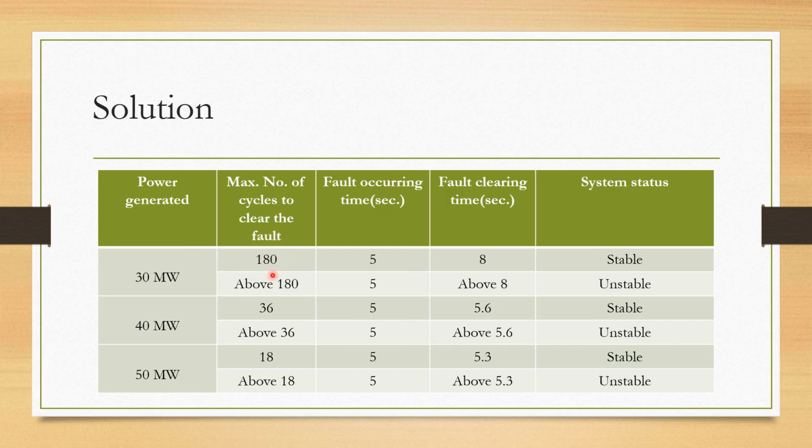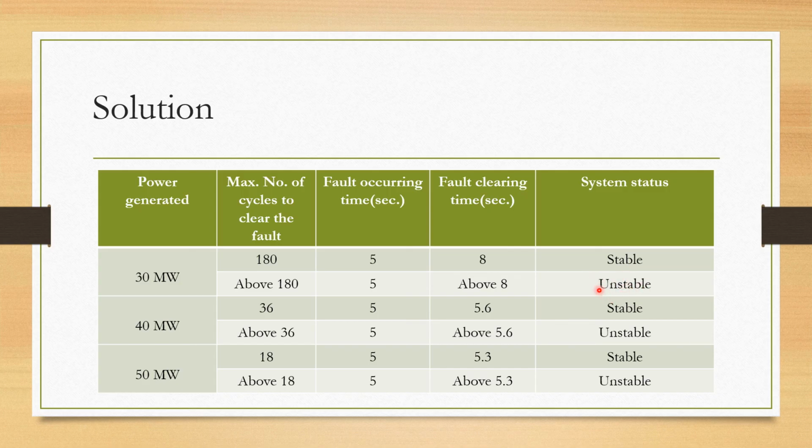Here up to 180 cycles, the system is stable. The fault occurring time is 5 seconds. The fault clearing time is 8 seconds. So from 5 to 8 seconds the system is stable. Above 180 cycles, above 8 seconds, the system becomes unstable.